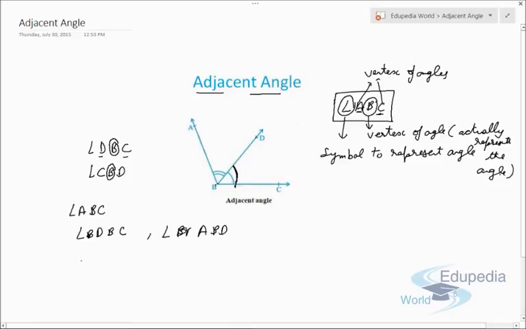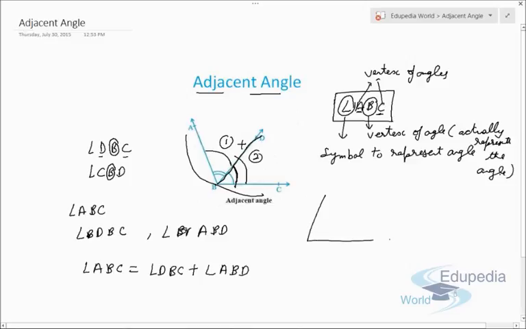Now we can clearly see that angle ABC can be represented as angle DBC plus angle ABD. This complete angle ABC can be represented as angle 1 plus angle 2. But these two angles are separated by a common arm known as BD. So these types of angles are known as adjacent angles. So this is the concept of an adjacent angle.